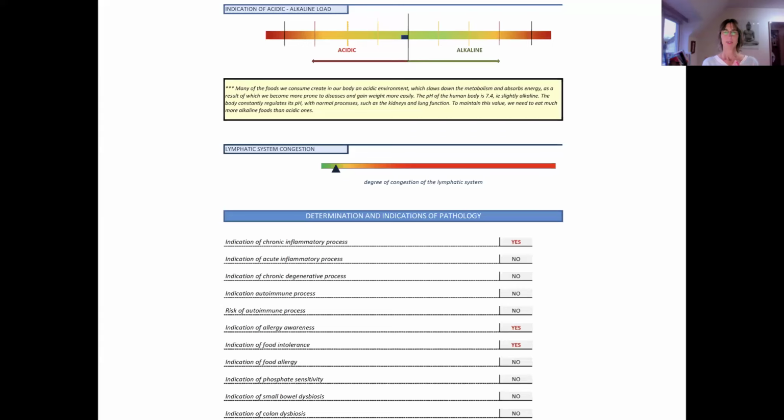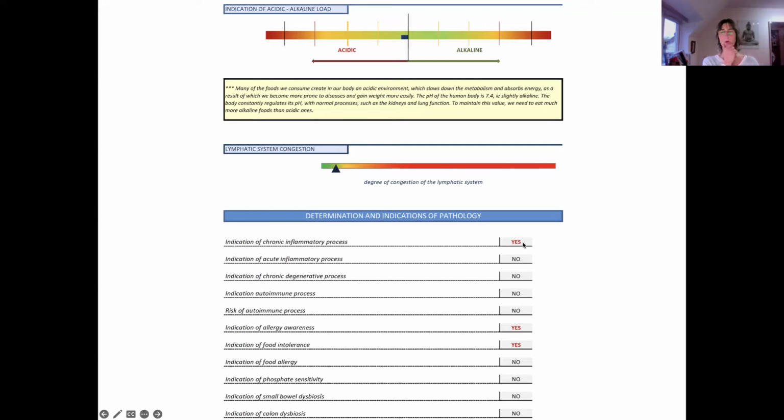So once we've looked at that, we start looking at indications of pathology, which is quite interesting. We look at things like whether there's an indication that our client has a chronic or an acute inflammatory process. When I first had this scan, it showed that I did have a chronic inflammatory process.